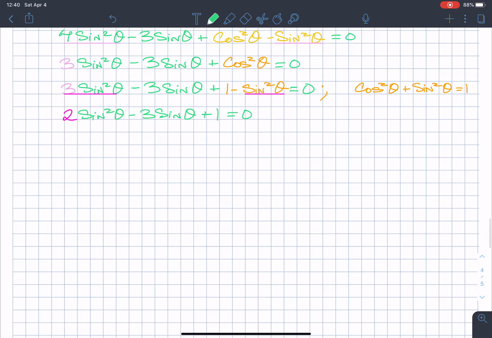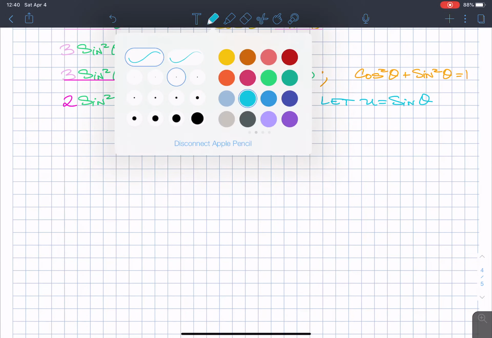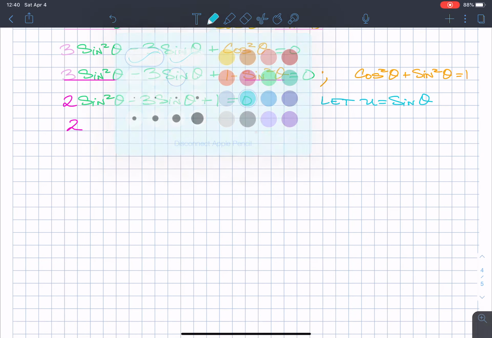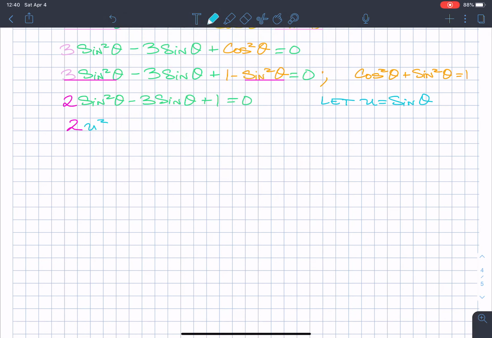So this now is going to require a u substitution. So I'm going to let u be equal to sine of theta. So what I get then is 2u squared minus 3u plus 1 is 0.